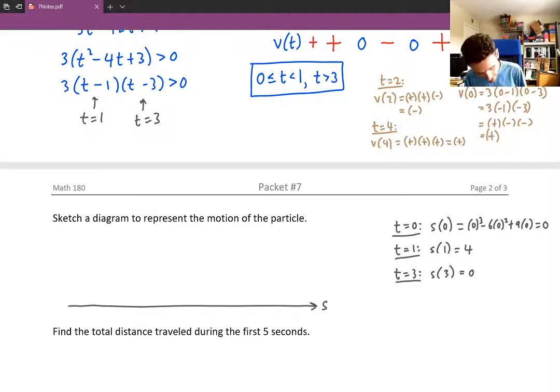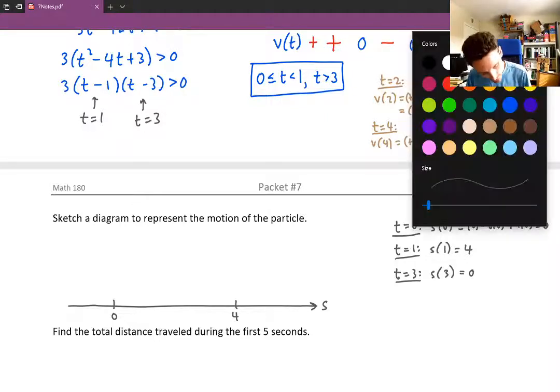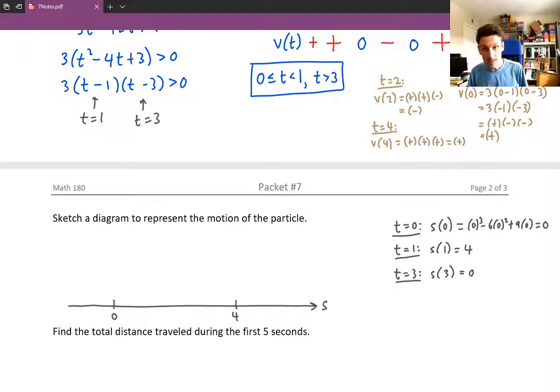So let's go ahead and label those positions on the position number line. Those are key turning around points. Now we're going to write the position when t equals 0. The position is 0, so we're going to illustrate that by putting a dot right there. And we'll just label it t equals 0.